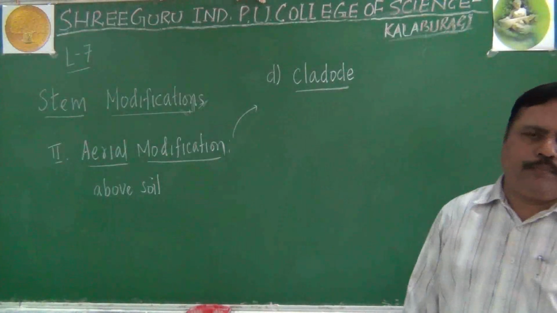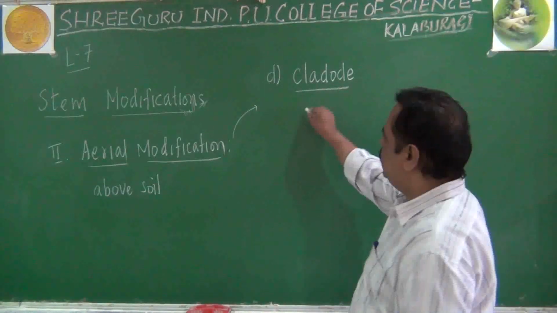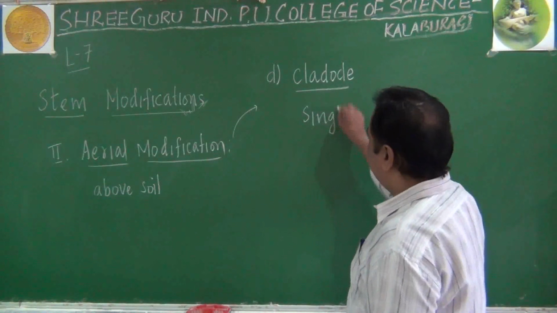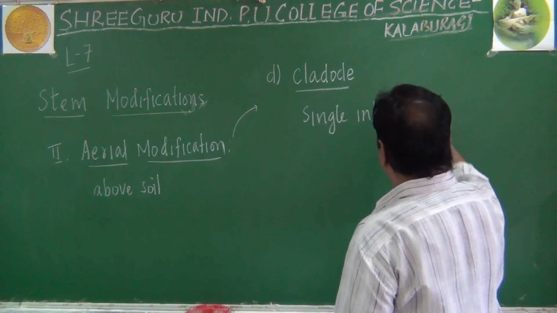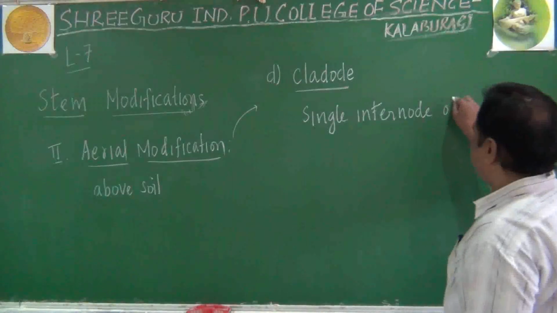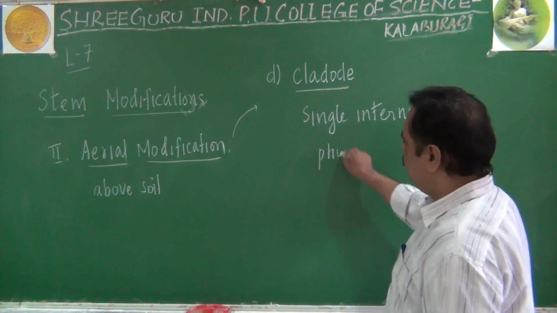Phylloclad, cladode. A cladode is nothing but a single internode of a phylloclad, it can be called.